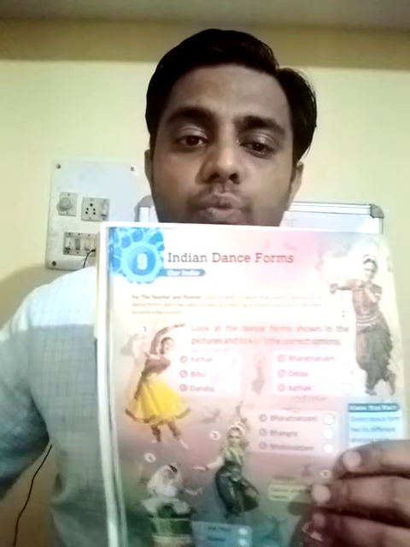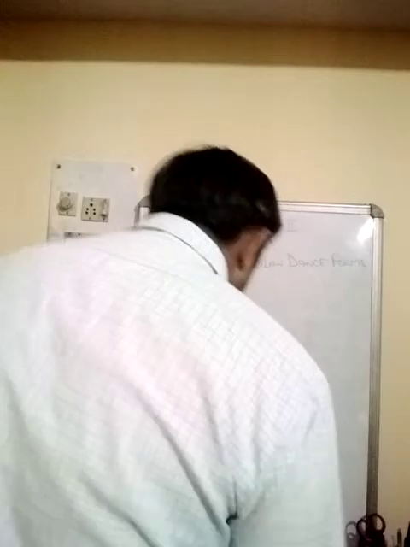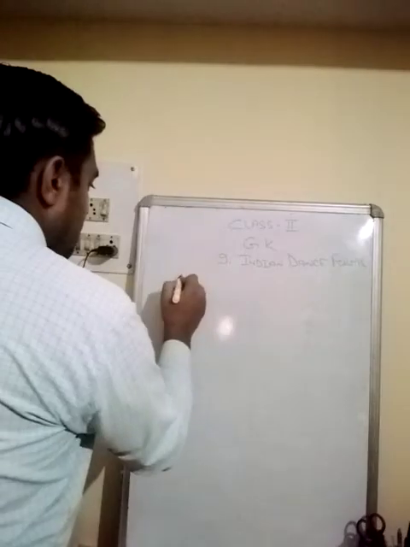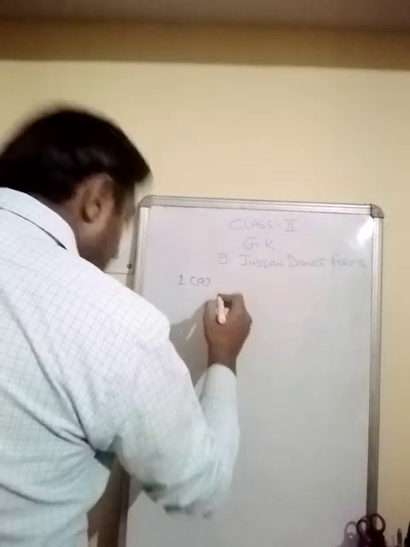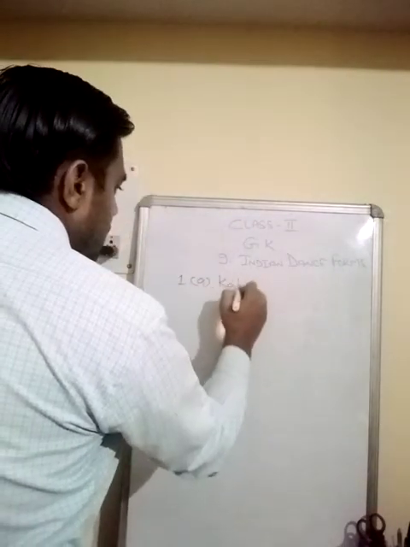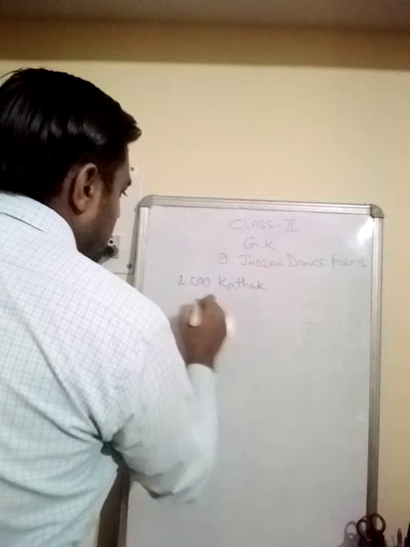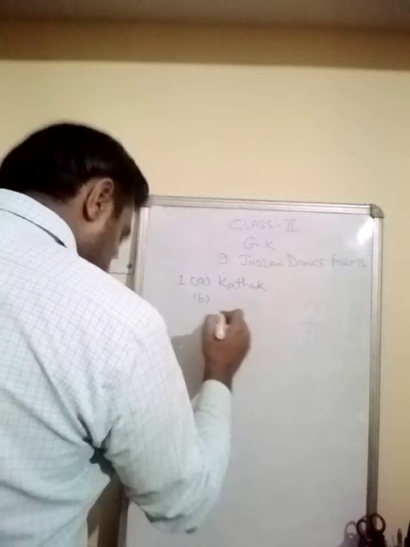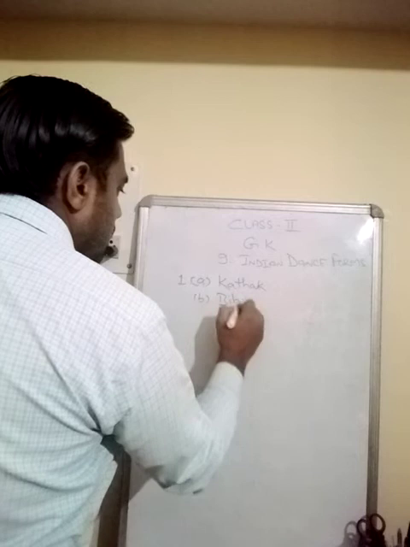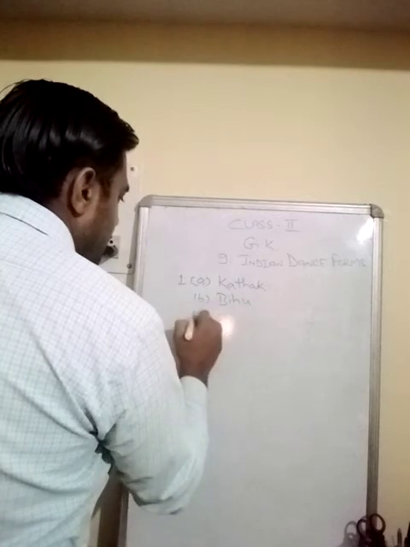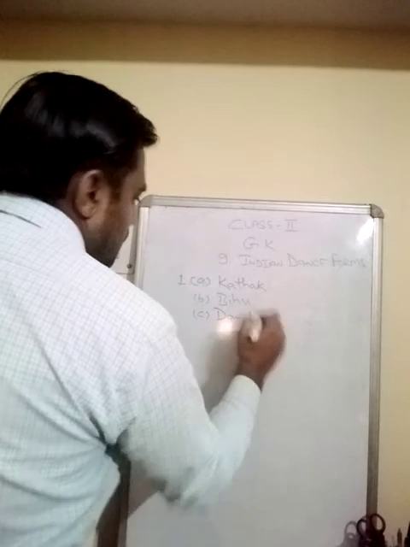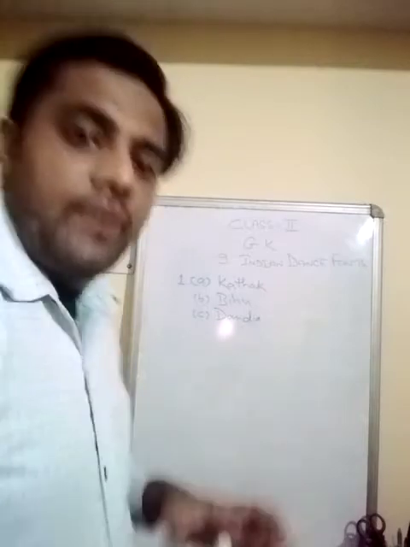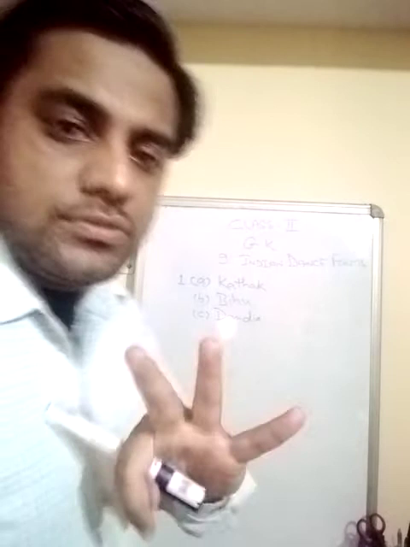There's this girl in a swaying motion, right? The options given for this particular dance are: number A, Kathak; number B, Bihu; and number C, Dandiya. So for the first picture, you have 3 options.